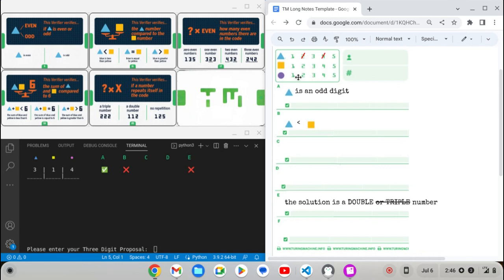Even if it were equal, I don't see how you could determine what circle is. So I'm going to write next to it that I deduce that it must be triangle is less than square.